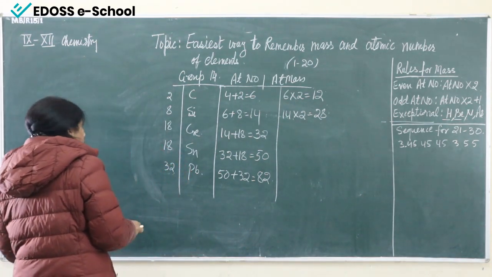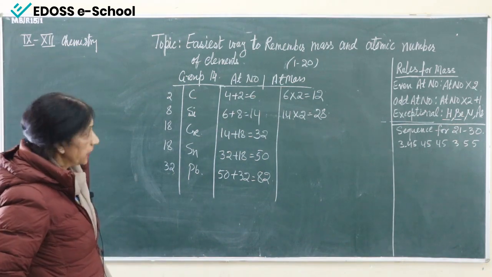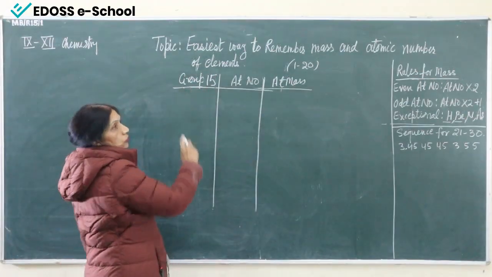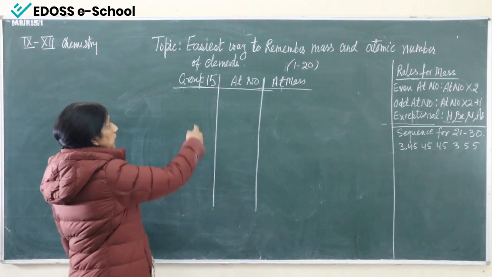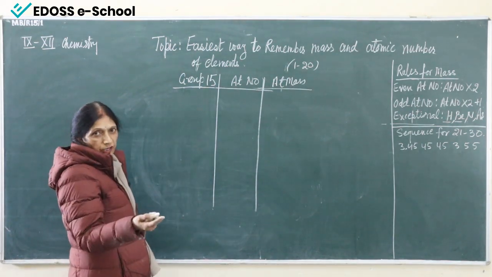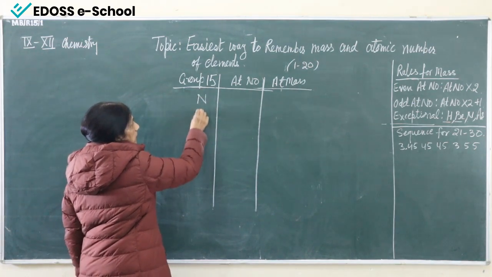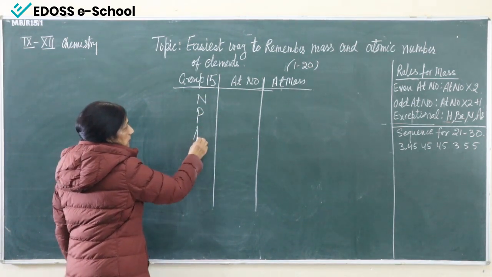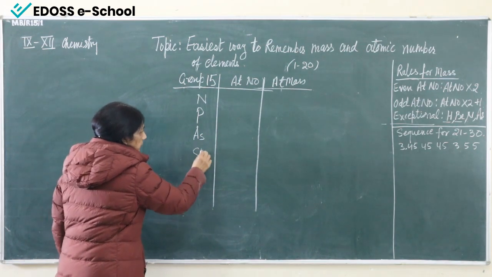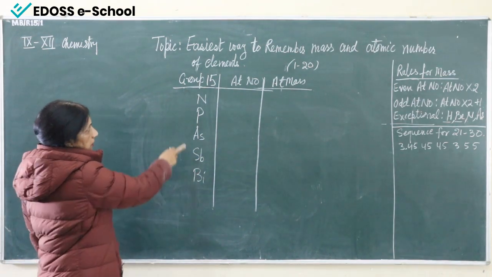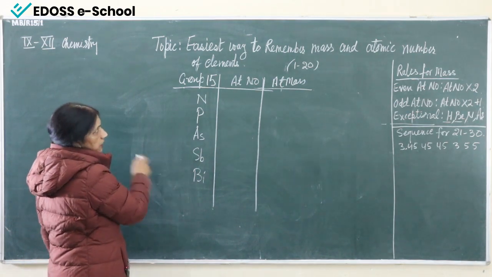Now coming to the next group, that is group 15. So for group 15, how to write? Same way, we have to use Nana, Patekar, Asrani, Sab, Bhima: nitrogen, phosphorus, arsenic, antimony and bismuth.